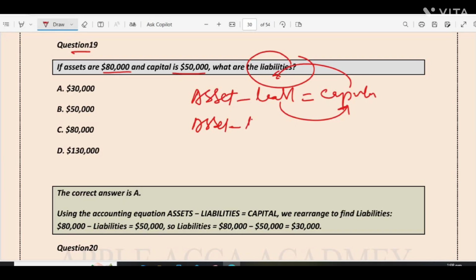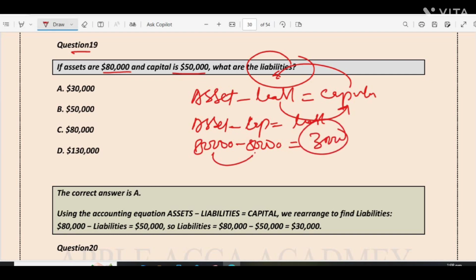So your asset is 80,000, the capital is 50,000, and deducting this one from this one, you will have this amount as your liability. So the correct option is A, right?